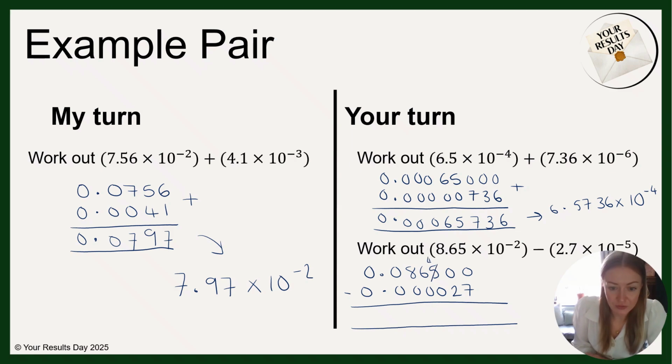So we're going to bring this 4 and make this a 10, but then we're going to take that 10 and make that a 9. Now I've got 10 take away 7, which is 3, 9 take away 2, which is 7, 4 take away 0, and the rest are then just take away 0. Which gives us an answer of 8.6473 times 10 to the -2.